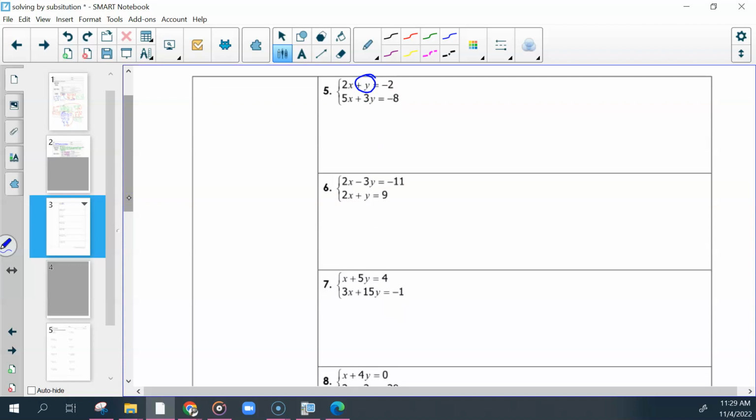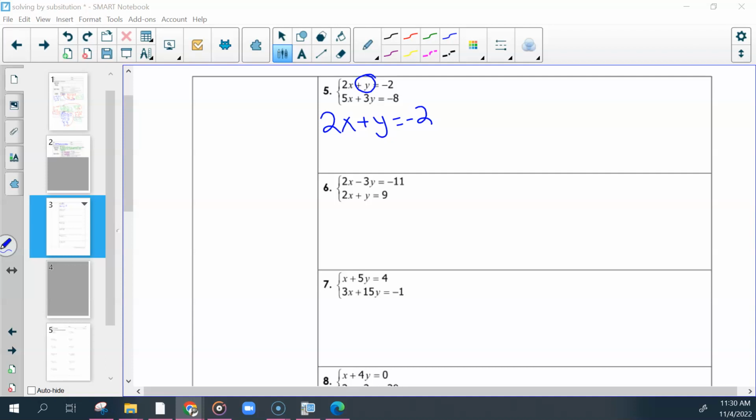So for number 5, we're going to solve for this y in the first equation because it's by itself. I'm going to rewrite it so I have more space to work. And we're going to solve this like we would if we were graphing and had to get it back in slope-intercept form.